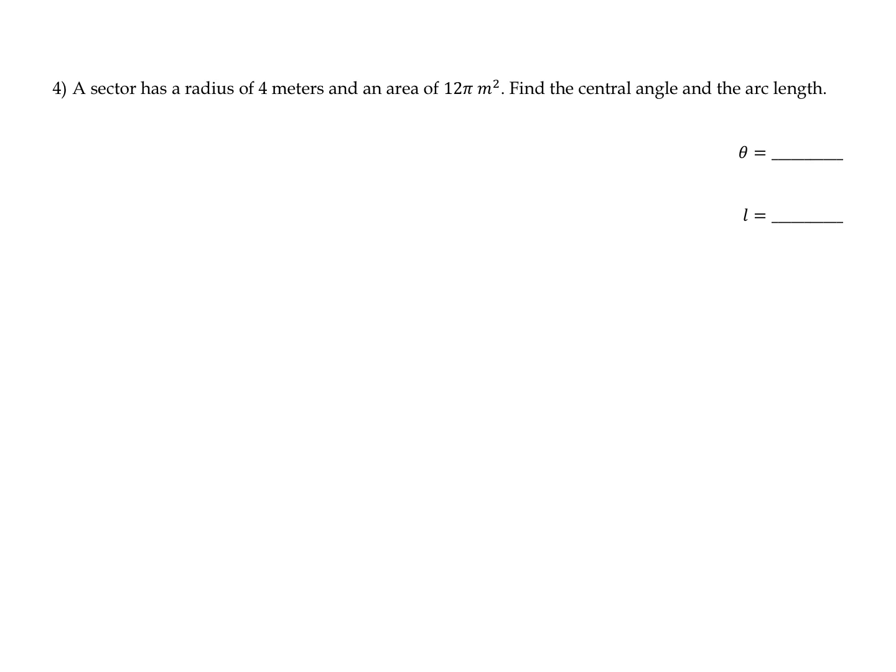Okay, so this one says a sector has a radius of 4 and an area of 12 pi meters squared. I've got to find the central angle, which is theta, and the arc length, which is L. So I'm going to start with my area formula of a sector. A equals 1/2 theta r squared. So 12 pi equals 1/2 theta 4 squared.